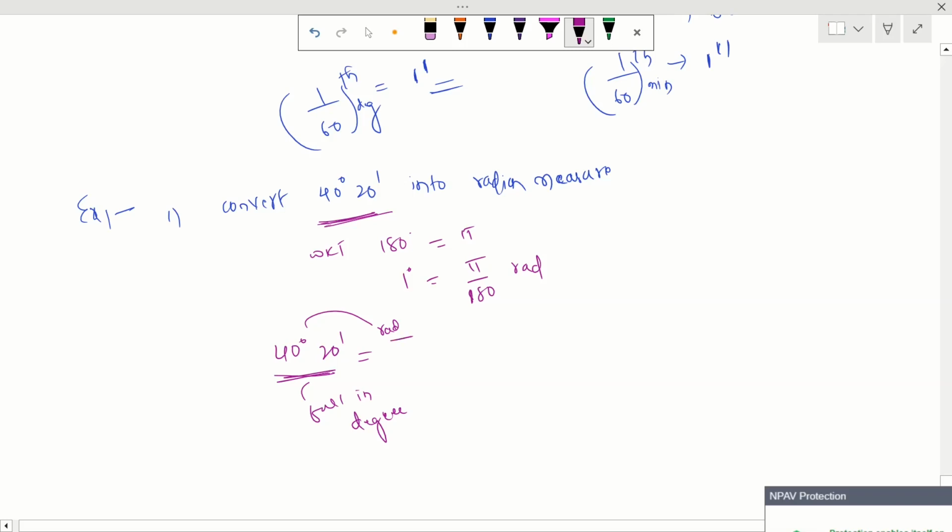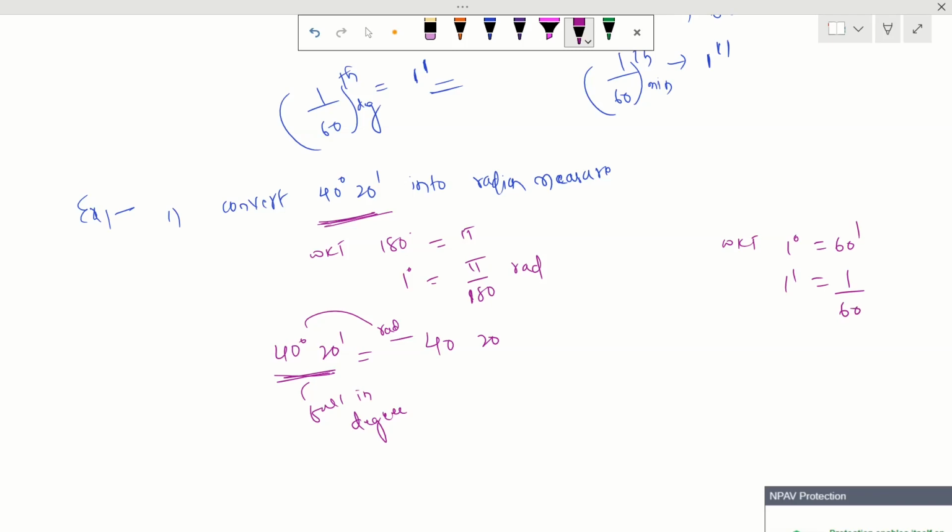Then 40 degree, and 20 minute means what? We know that 1 degree is 60 minutes and 1 minute is 1 by 60 degree.